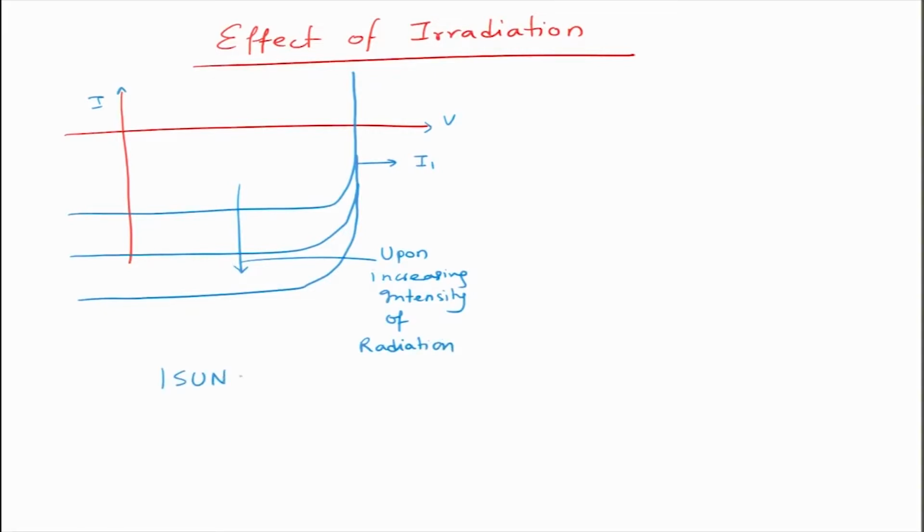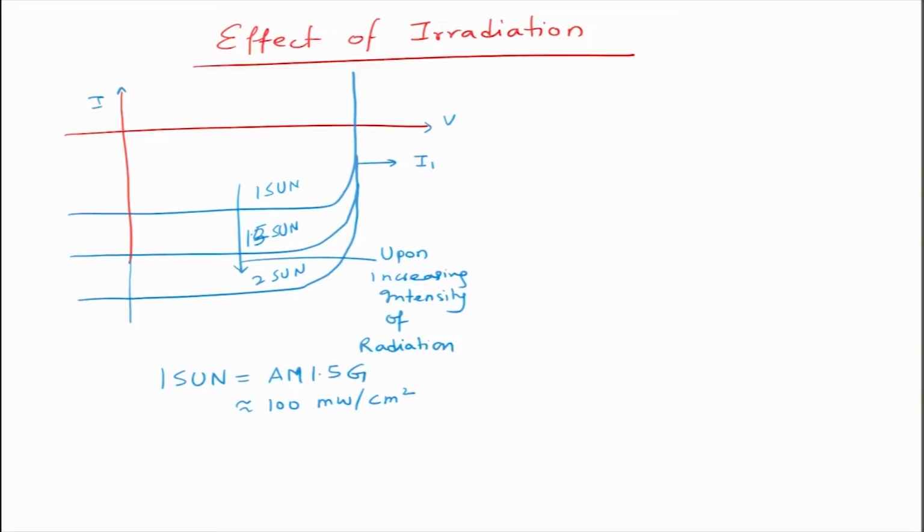1 sun is equal to AM 1.5 G, which is equivalent to 100 milliwatt per centimeter square. So, if this was at 1 sun, then this would be 1.5 sun, nearly 1.5 times increase, and this would be nearly 2 sun, theoretically speaking, provided there is no change in the VOC and other things are not changing.